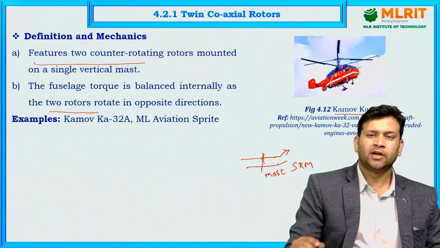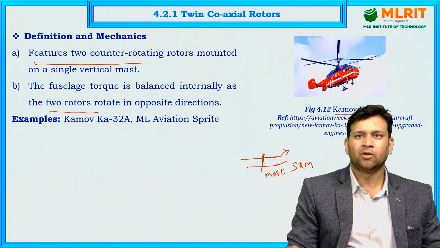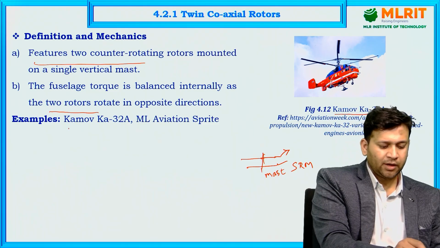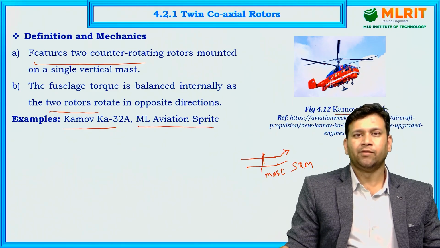Here you can see there are two rotors rotating in opposite directions. One will be in the clockwise direction and one in the counterclockwise direction, so it balances the torque. One more example of twin coaxial rotors is the ML Aviation Sprite.